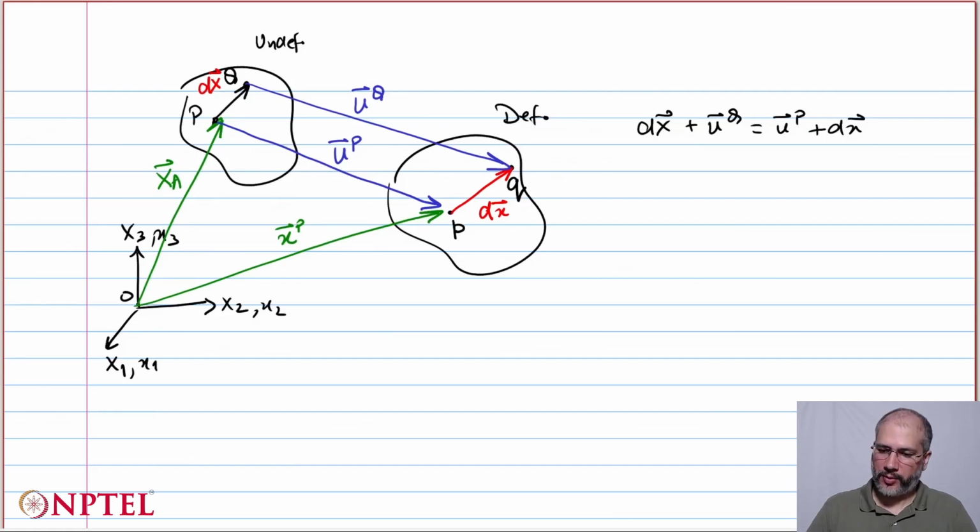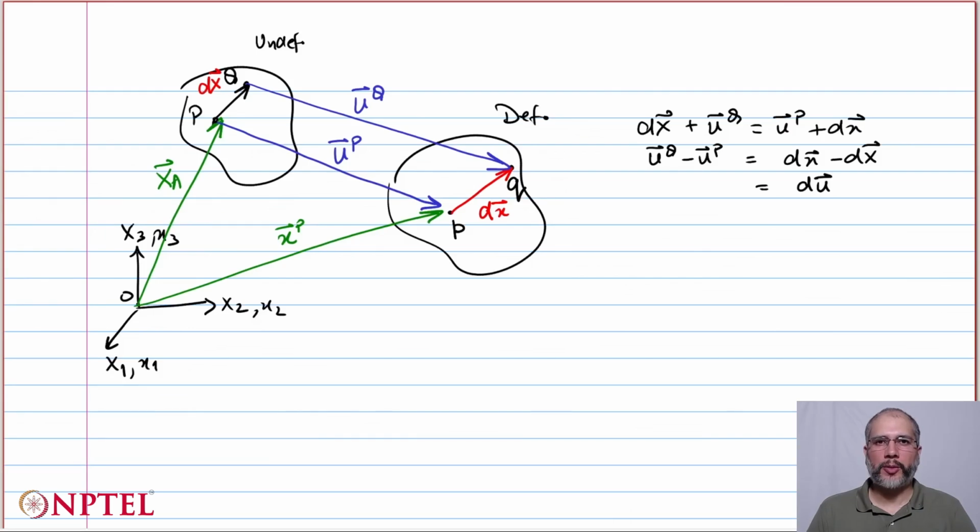So from here I can see that my u^Q minus u^P, that is the difference in the displacements of the particles q and p, is given as the difference between dx and dX. And you may remember that small x minus capital X was u, that is the definition of the displacement. So this is simply du, and that is called a differential displacement.